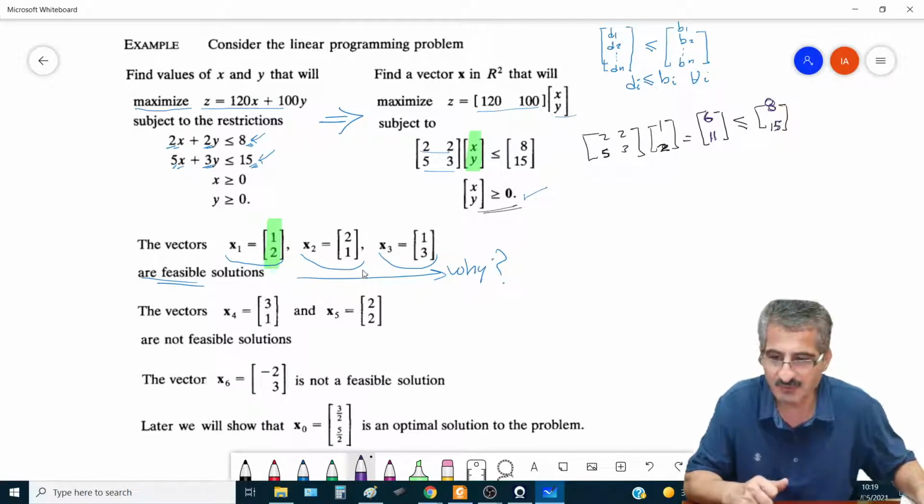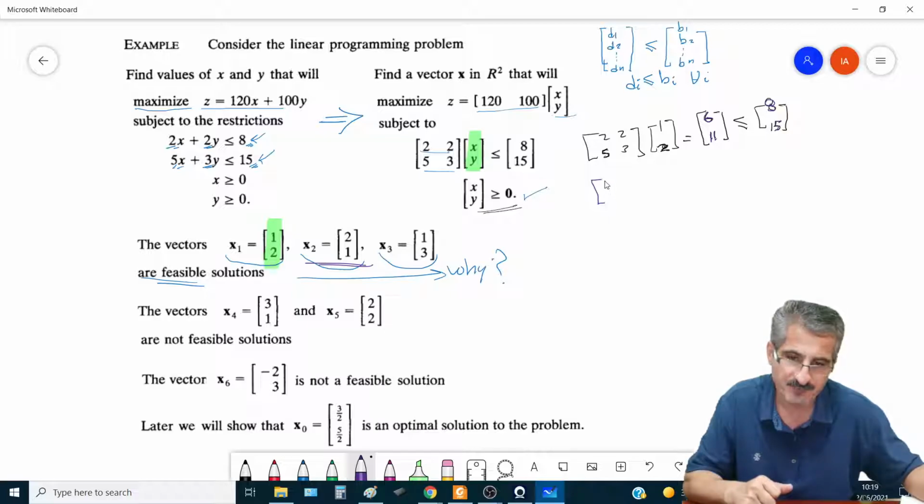What about x2? Shall we try that? Okay, let's go for it. 2 2 5 3 multiplied by x2, which is 2 1. We get 4 plus 2, which is 6. This is not negative. And 10 plus 3, which is 13.